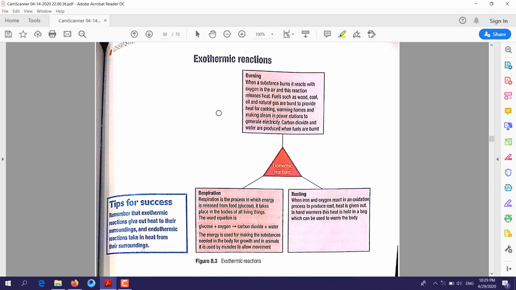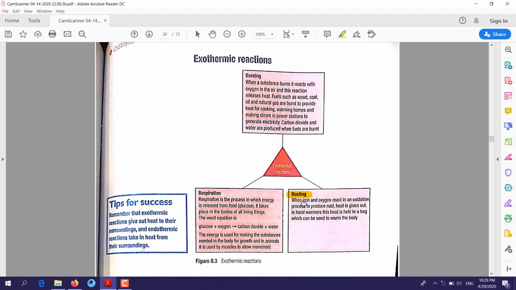When you burn anything, let's say a piece of paper, there will be a chemical reaction, which is burning paper with oxygen from the air, and at the end it will give heat. So burning is an example of an exothermic reaction.